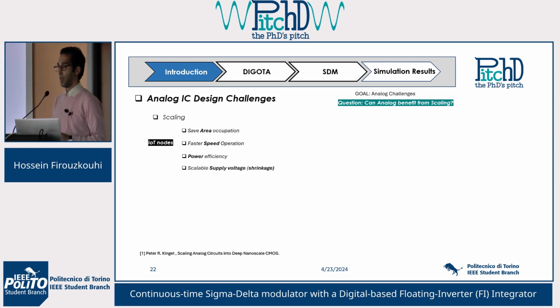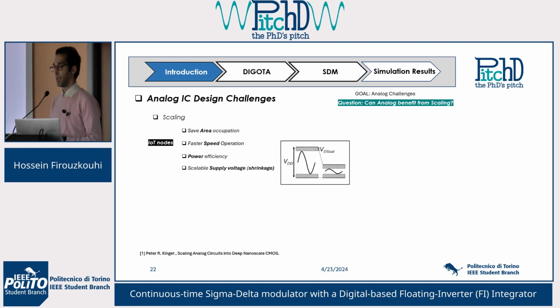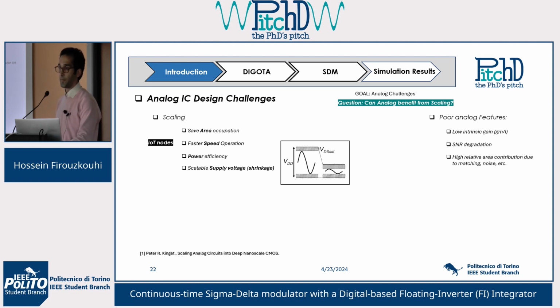According to Moore's law, every 2 years the number of transistors is going to double, and this scalability is an inevitable part of the technology. As the technology is scaled down, the power supply also decreases, and this results in poor analog features, for example low intrinsic gain, SNR degradation, and high relative area.